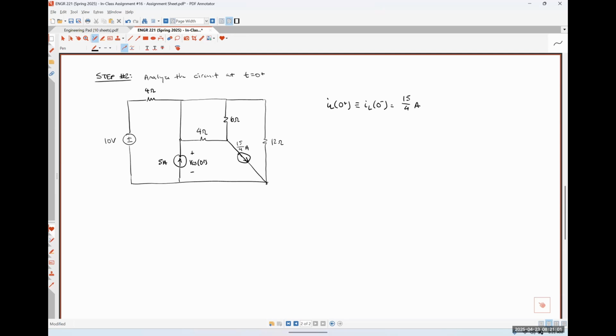Nodal seems like a reasonable thing to do here. There's a lot going on, and because our switch is now a closed circuit or short circuit, that's going to make the superposition approach not really feasible because it's just going to be ugly and gross. So I'm going to identify my nodes here.